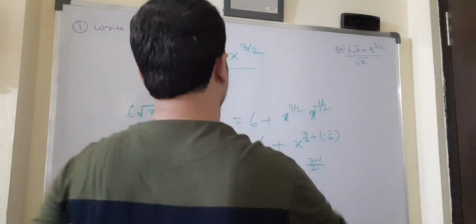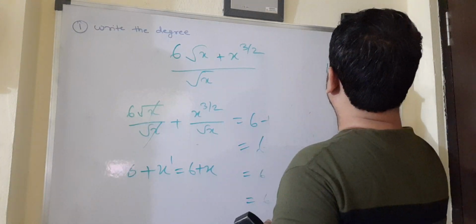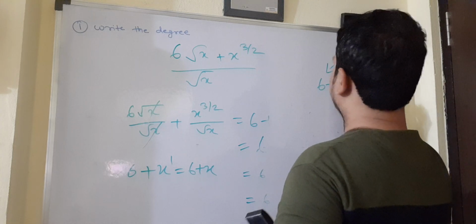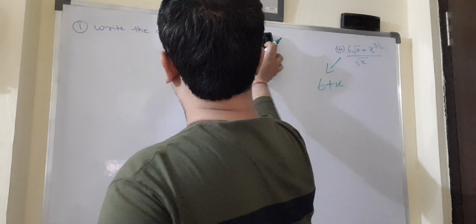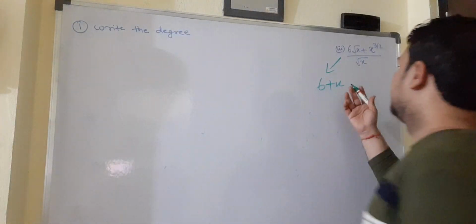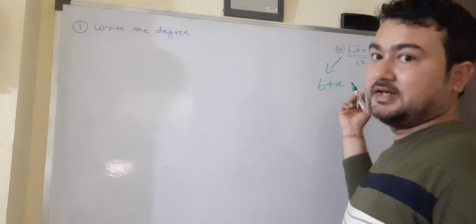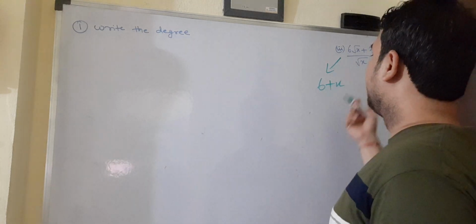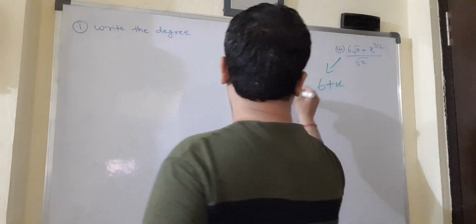So after all these, we come to know that this is nothing but 6 plus x. So what is the degree? The variable here is x, and the highest power of x is 1. So the degree is 1.